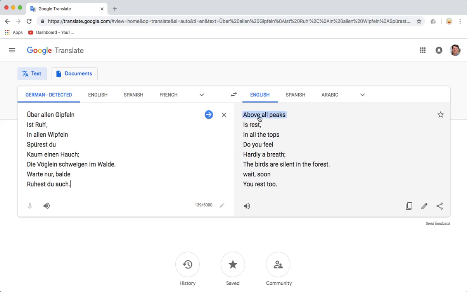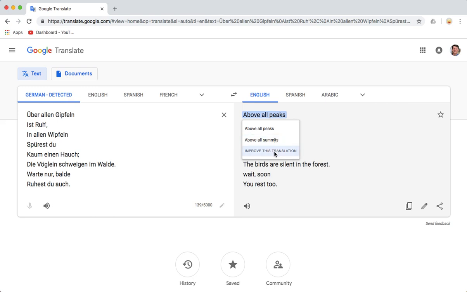Not only can you do that, if I hover my mouse over a sentence of the translation, I can click on that and it will show me different translations for that phrase. So it says that I can translate über allen Gipfeln as above all peaks or above all summits.